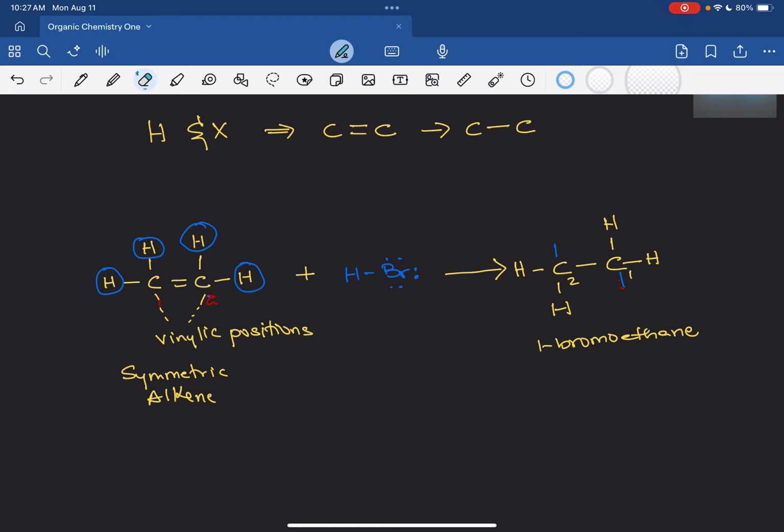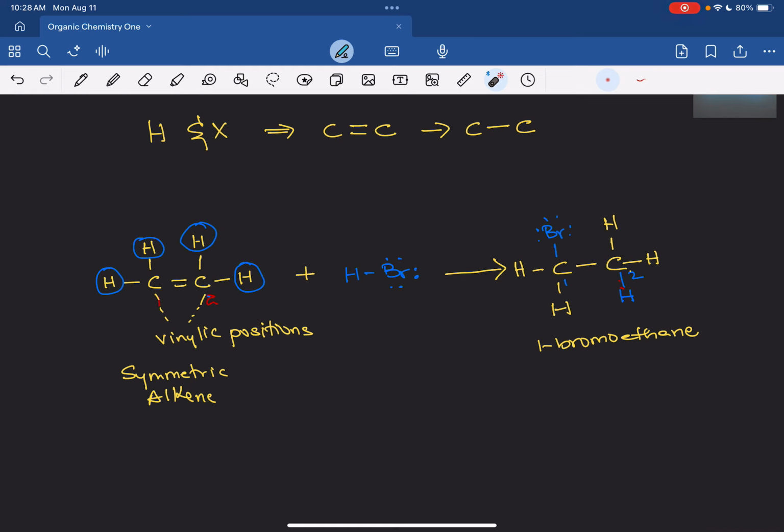Let me take out the numbers too. So I'm swapping it around from what we had before. Let's say I now put bromine here and the hydrogen here. The name of the molecule, because this will now become carbon 1, that's carbon 2, is still 1-bromoethane. So if you have a symmetric alkene, where you put the bromine or the hydrogen does not matter.